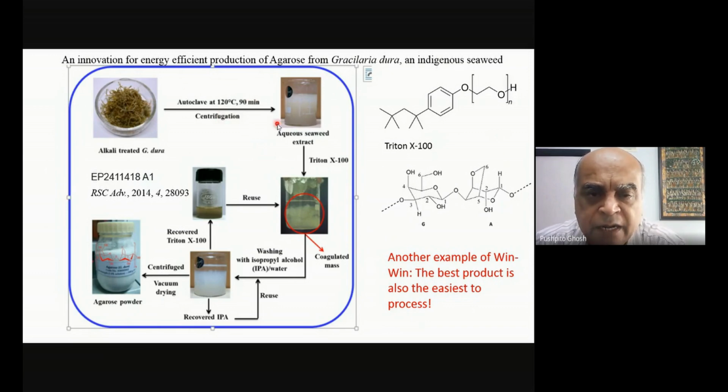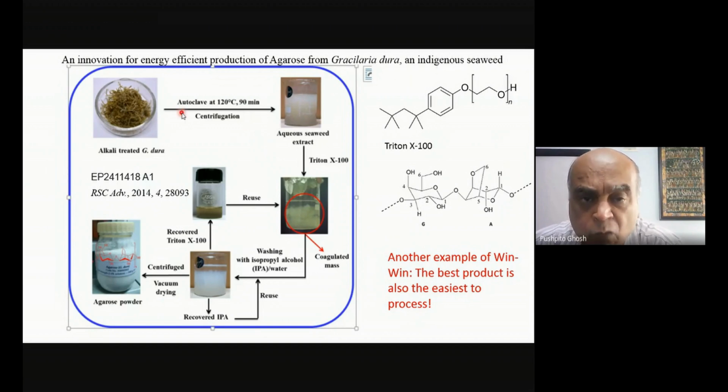After that you separate out all the debris, and the problem is that you cannot make a concentrated solution, because at even 1 or 2% concentrations these can suddenly become a hard gel, and so you're trying to do filtration and it's gone. I mean, you will not be able to process it further.